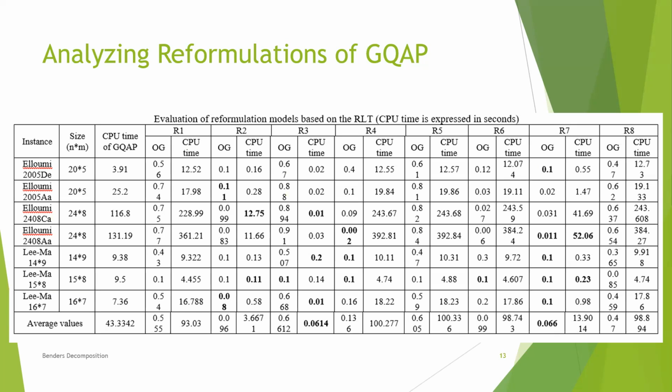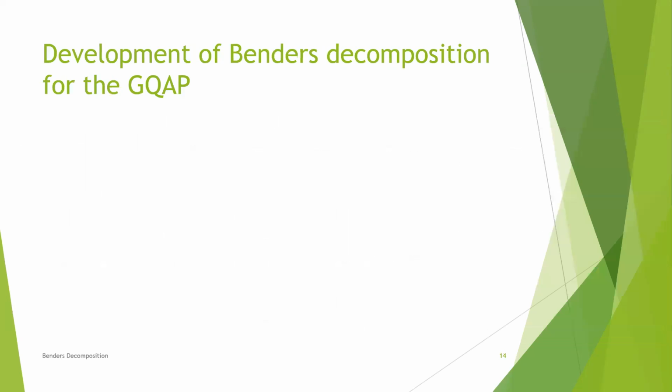However, GQAP is non-linear, and some of them provide a better estimation for the optimization problem. I should say that all these reformulations have been solved by the CPLEX solver, and we can see that reformulation R2 is more suitable if we consider both criteria, the optimality gap and the CPU time. Therefore, based on these, we choose R2 as the best one.